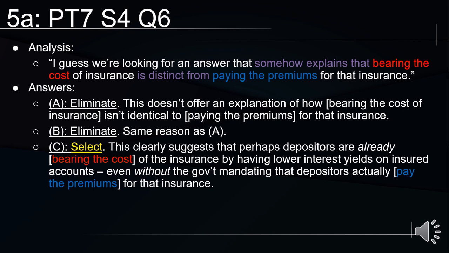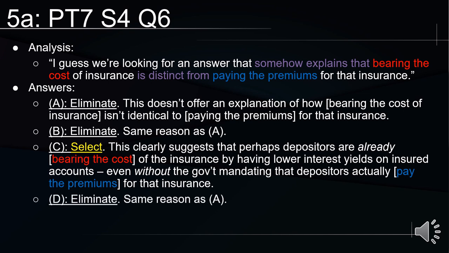Every economic system is about the more powerful party pushing costs onto the weaker party. But leaving that ideological discussion aside, C literally is just trying to say that the cost of premiums is getting covered some other way, without having the depositor directly pay the premiums for the insurance. So C quite literally answers the question that we're looking for.